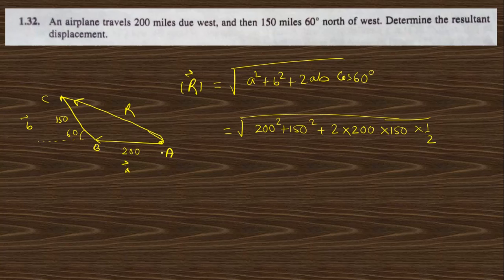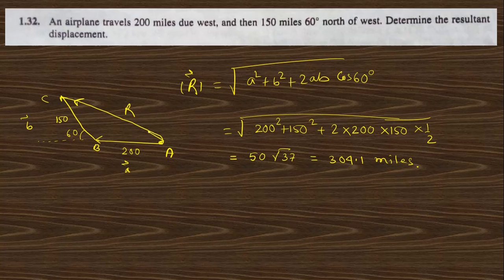Okay, and this will be nothing but the square root of 50,037, and this is 304.1 miles.